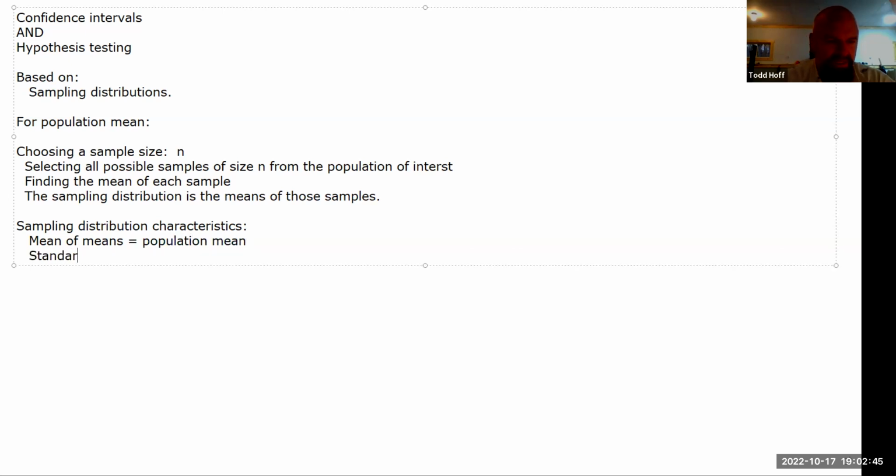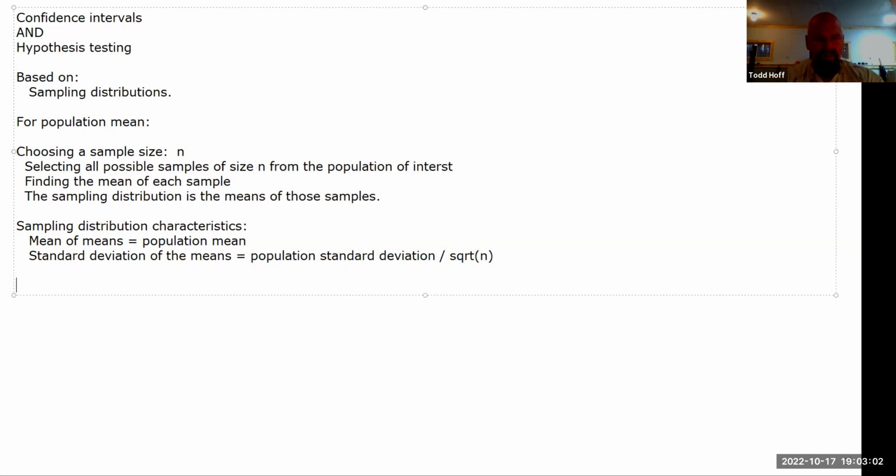And the standard deviation of the means, remember that was sometimes called the standard error, was the population standard deviation divided by the square root of the sample size, n. And so with that very predictable set of characteristics for that sampling distribution, we were able to construct confidence intervals, do hypothesis testing and all that.